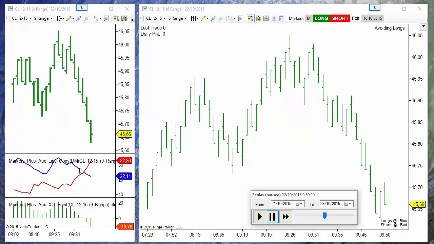And here we are. It is negative, the histogram is negative because the blue is now below the red line. And now we are avoiding longs, only taking shorts.